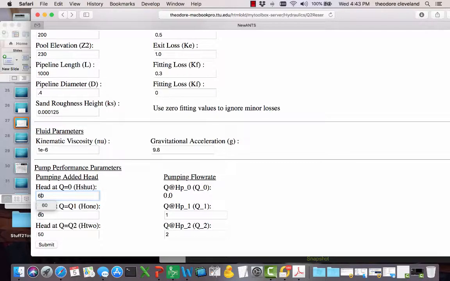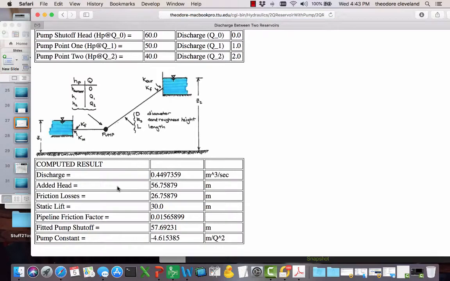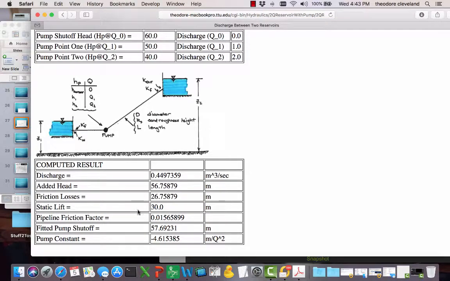60, 50, and 40. We're at 0.44. Notice our friction factor is hovering around 0.015, which is what we're after. 0.449 is 56.75.